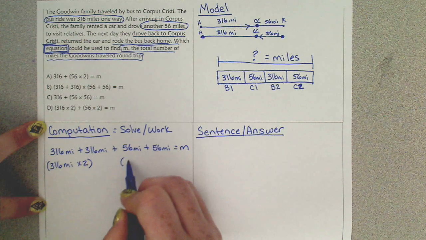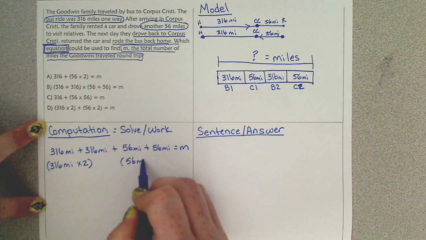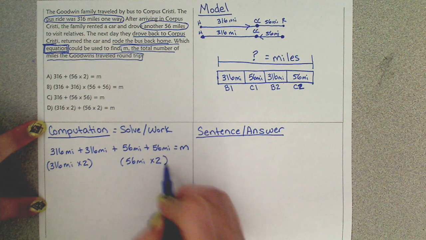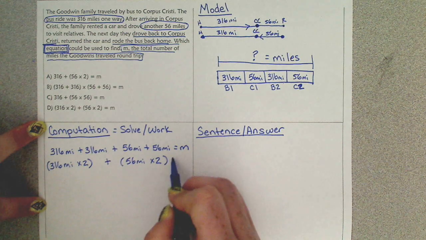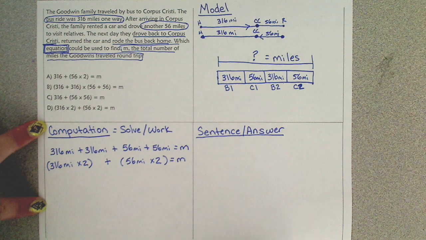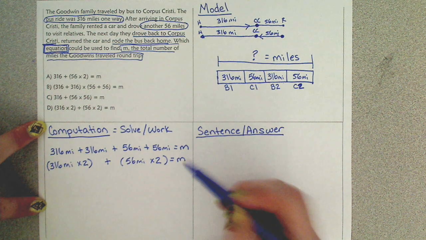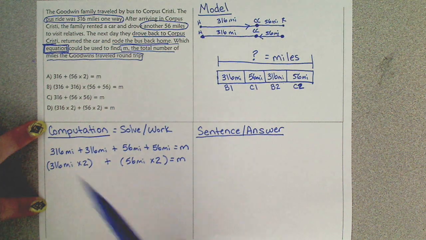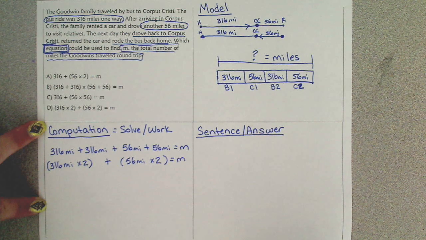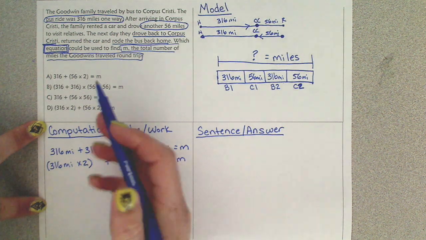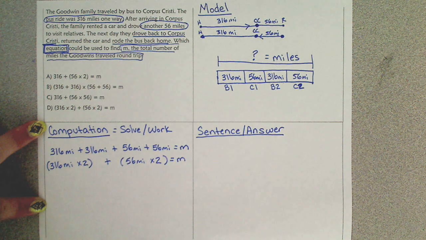And I also need to multiply 56 miles times 2. And then I could add them together to equal M. So I've got two different ways I can write this. So now I'm going to take a look at my answer choices to see what I've got.